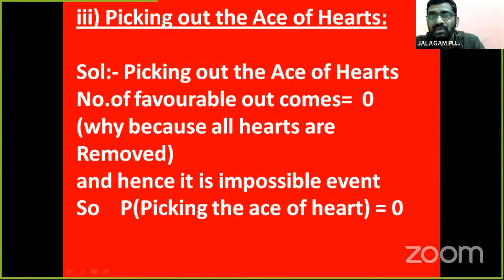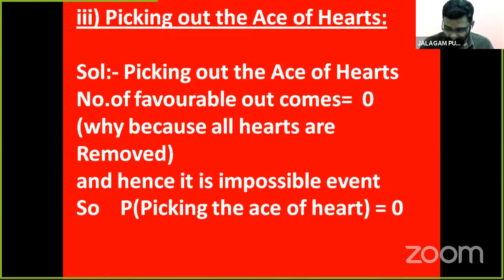Here the number of favorable outcomes is 0 and total possible outcomes are 39. 0 by 39 is equal to 0. This is another way to solve this problem. 0 is the impossible event. So picking out the ace of heart has probability 0. Children, once again note this down in your notebook.